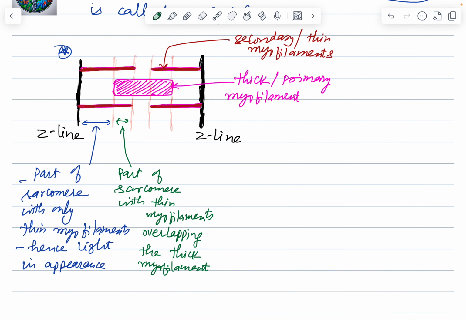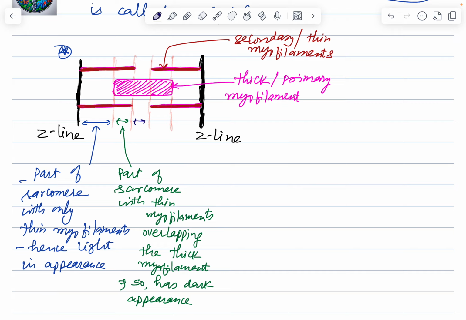So since the protein density is higher, thin and thick both proteins are there. So this has got what? Dark appearance. Because light absorbance in this area will be very high. So if light absorbance is high, this area would appear what? Darker.